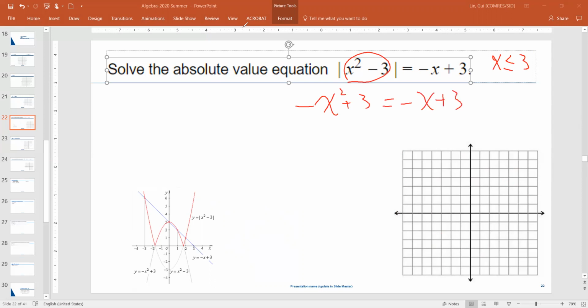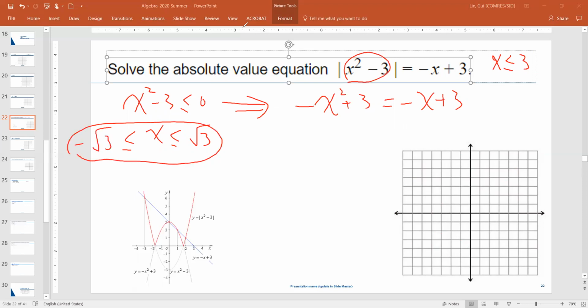Right? So you need to make sure this part is less than 0. So you can switch like this. So x is in between negative square root 3 and square root 3, right? And of course, this part is less than 3. So both met this situation. So, all right, let's combine like terms. Here, you can cross off.